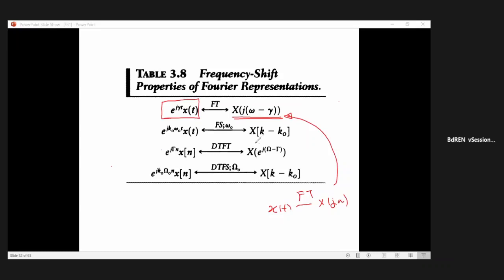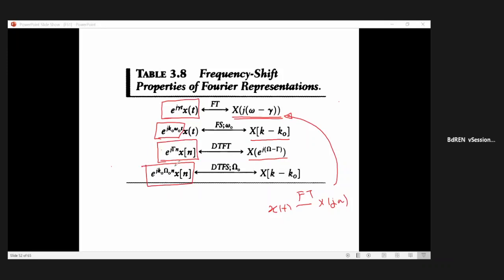Similarly, in the case of Fourier series, the terms will come as discrete frequencies. And if we have our discrete time signal, where capital tau is used as the frequency shift, then the corresponding time domain signal will be this for the case of Fourier transform, and this for the case of Fourier series.